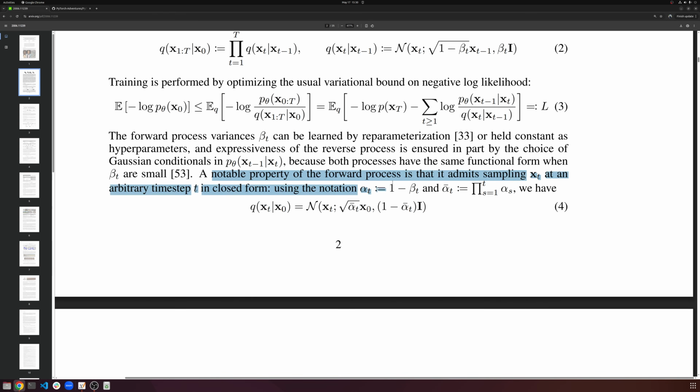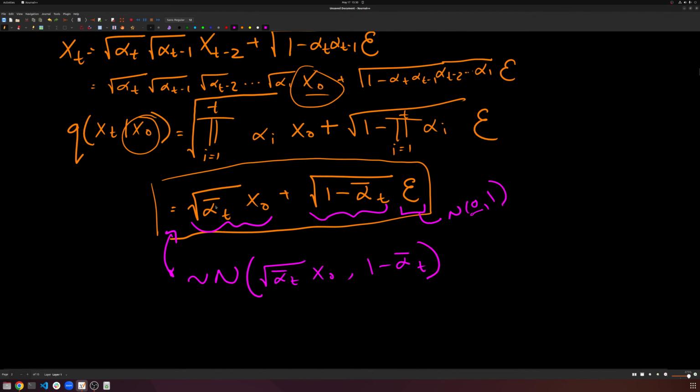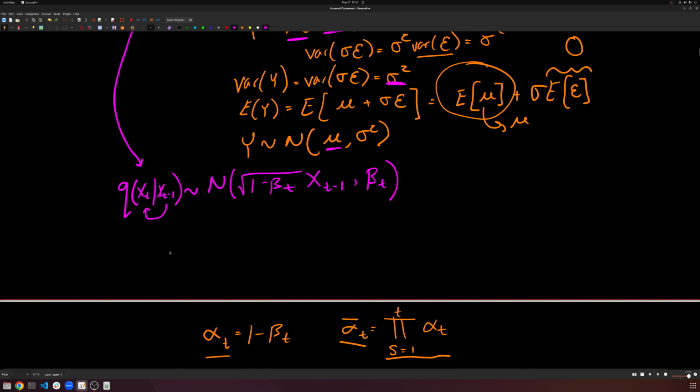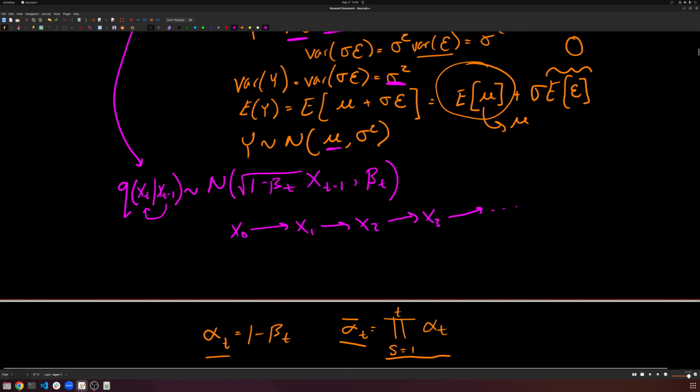A notable property of the forward process is that it admits sampling x_t at an arbitrary time step t in closed form using this notation. So it's just a little shorthand that we use. This is equivalent to what we had done before, but before we'd have to go from x_0 to x_1 to x_2 to x_3 and so on, repeating the step over and over again, all the way up to, let's say, x_100 if we wanted to go there.